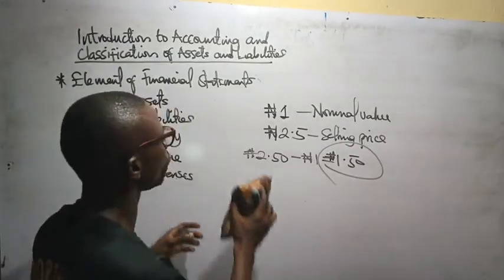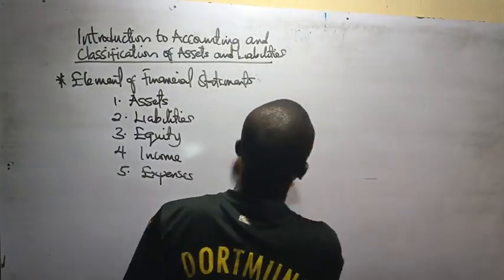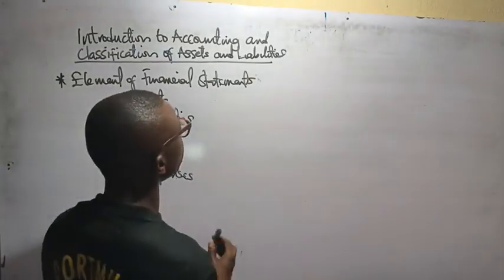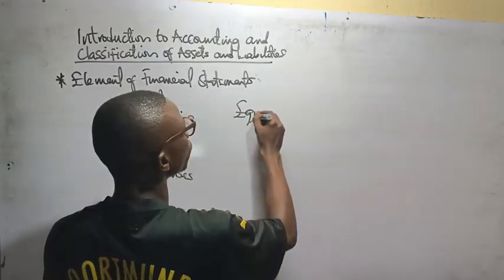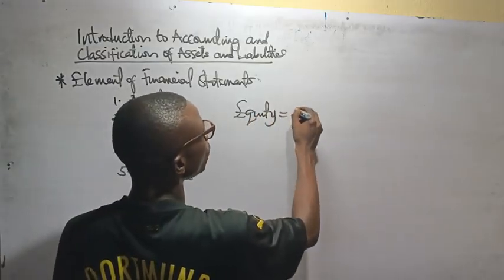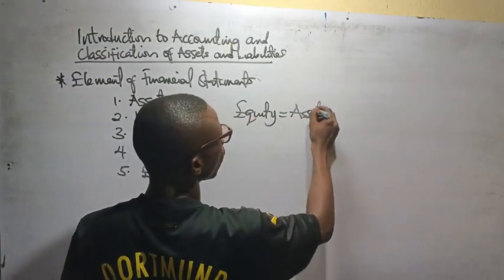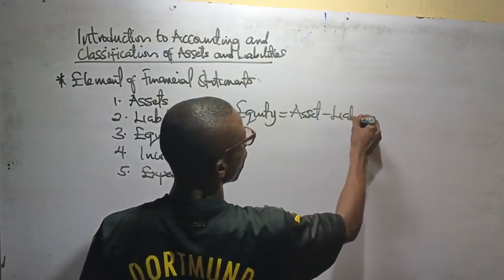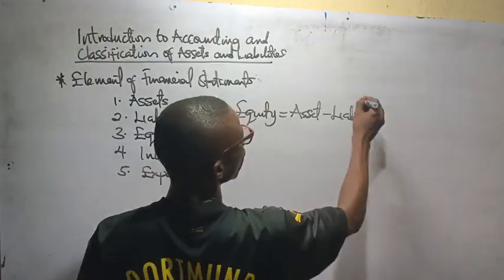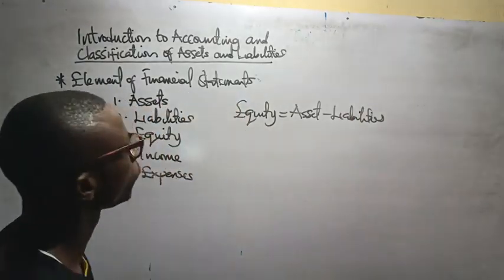So if you want to find your equity mathematically, your equity will always be assets minus liabilities. This is the mathematical illustration of equity.